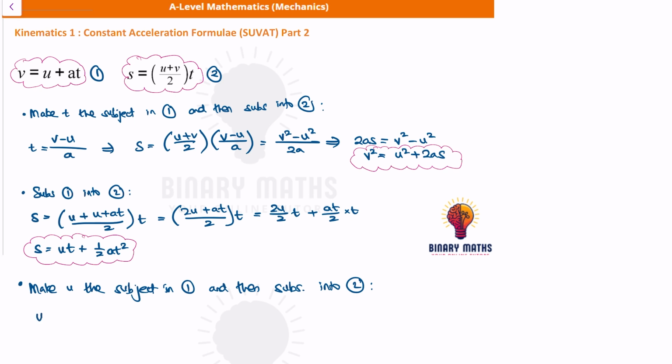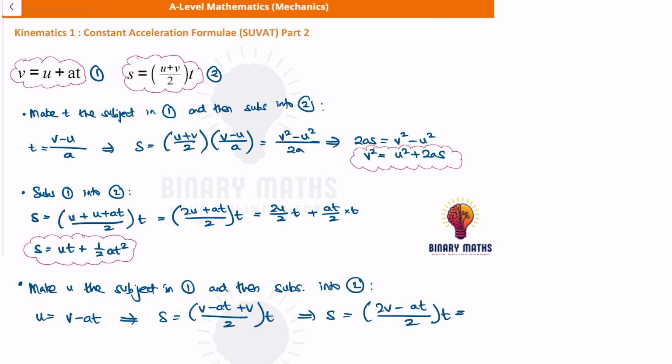So u is going to become v - at. If you substitute into 2, s = (v - at + v) over 2 times t, which implies s = (2v - at) over 2 times t.